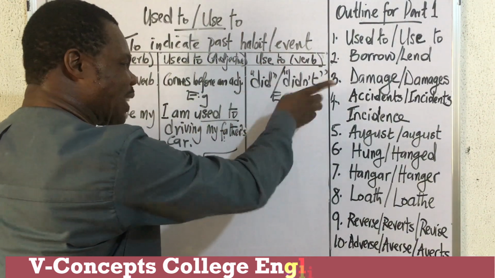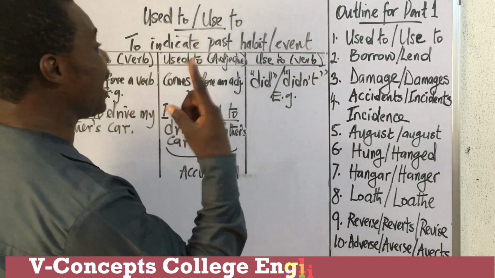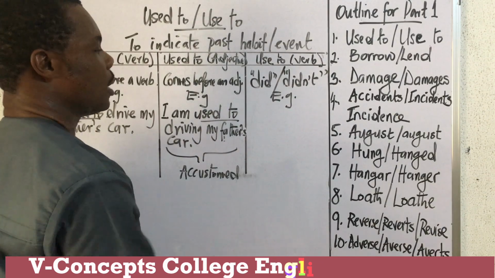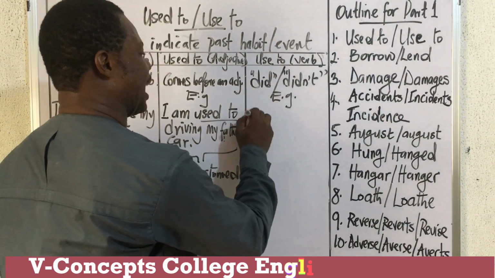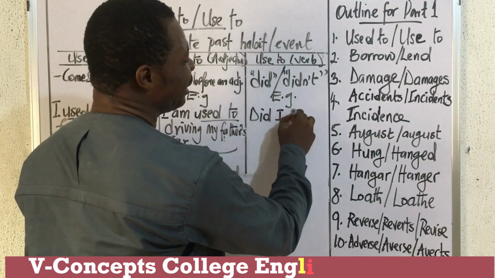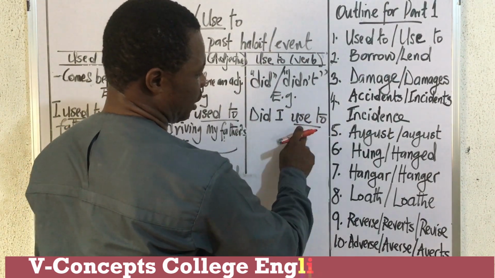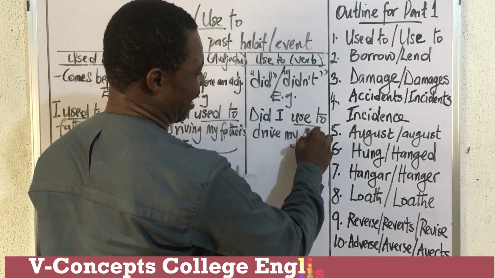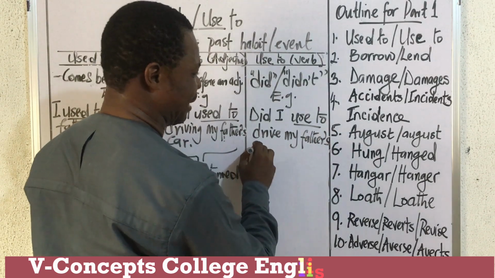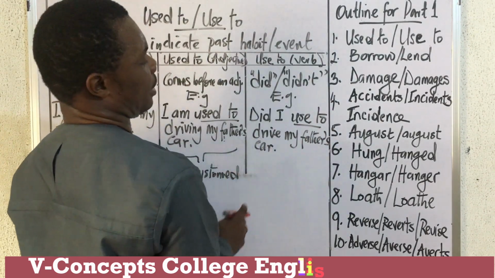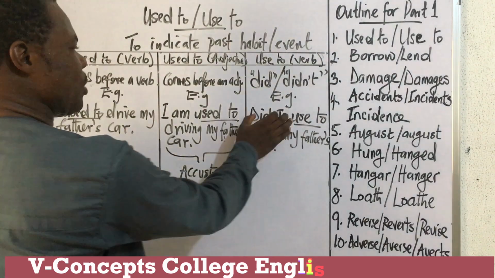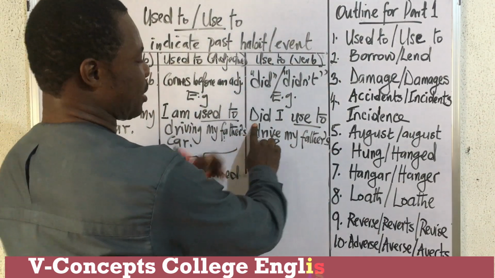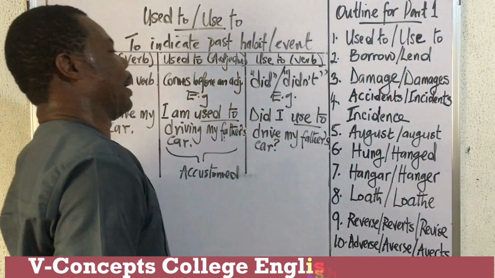Used to does not appear in expressions, except that the expression is going to contain did or did not. So in this case, I can say something like, did I used to drive my father's car? Correct. Because did has been introduced, this is a question, and used to cannot appear here.